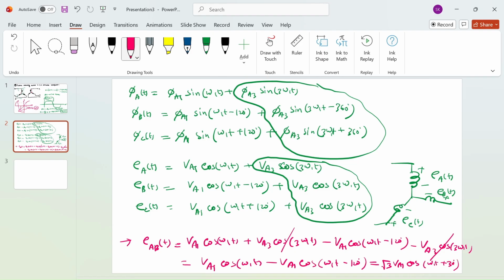So this will be my line voltage. One thing is sure: the line voltage doesn't even contain the third harmonic component. Only the phase voltage has the triplen harmonic voltages.